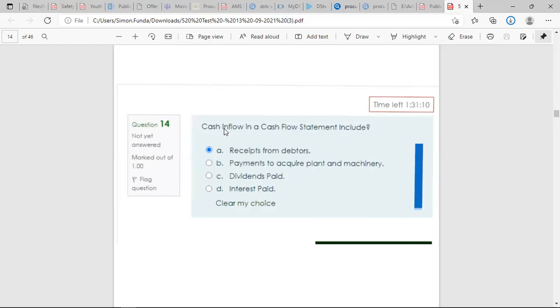Since here they are talking about cash inflow, we are just looking at the receipts, the cash that is coming in. So of course the answer should be A, the receipts from the data. We can have other types of cash that we receive during the period. Any cash receipts that we had in the period are called cash inflows.